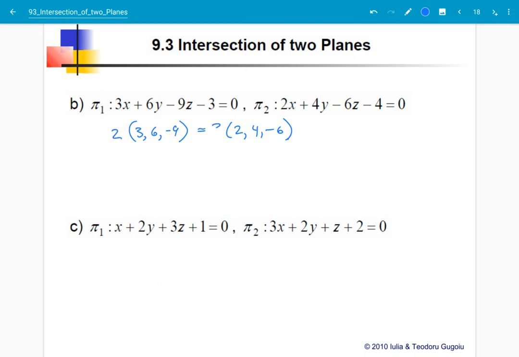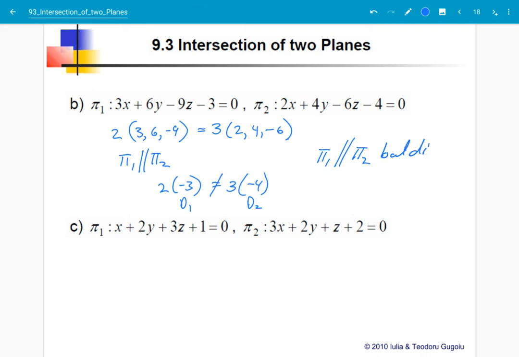If I multiply this by 3, I get 6, 12, and -18. So plane 1 is parallel to plane 2. Now the d values: is 2 times -3 equal to 3 times -4, right? This is d1 and d2. Is that true? No. So plane 1 is parallel to plane 2, but distinct.